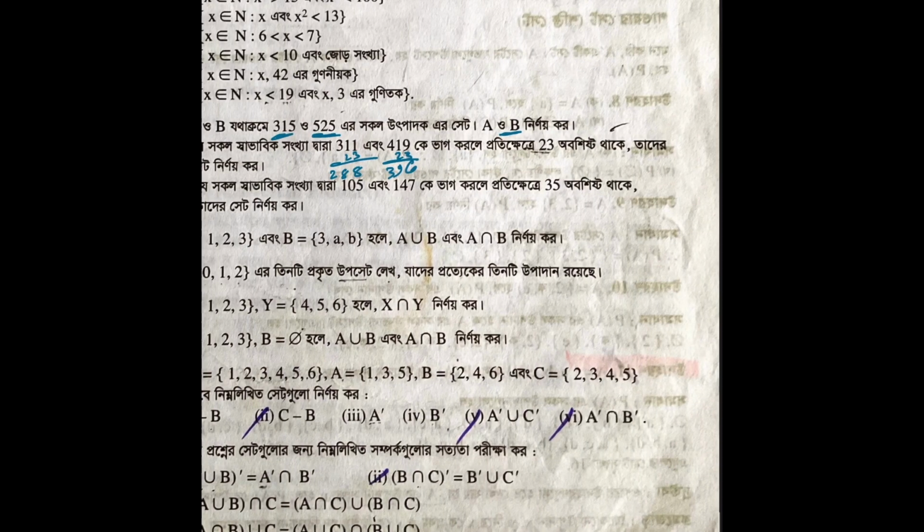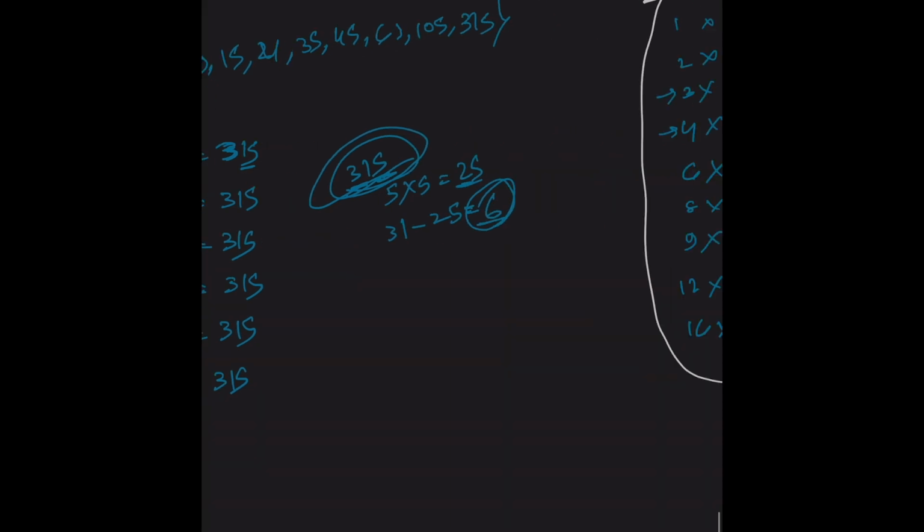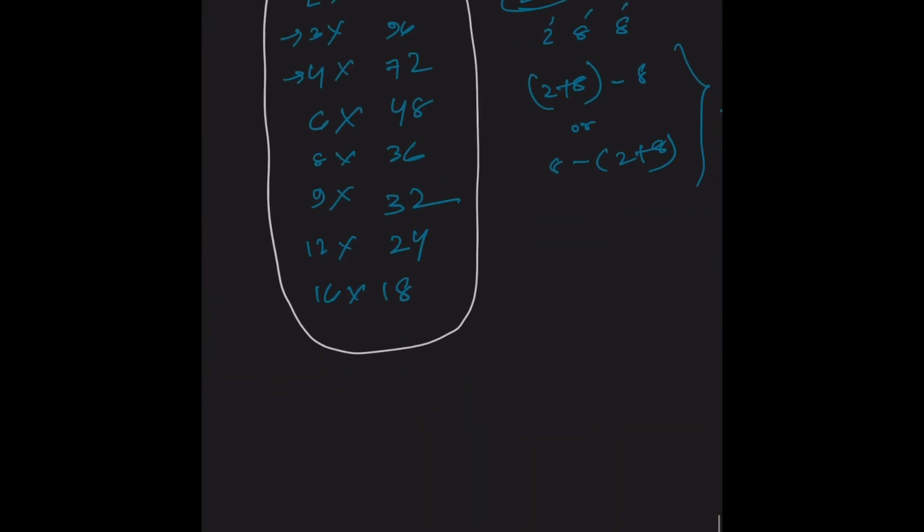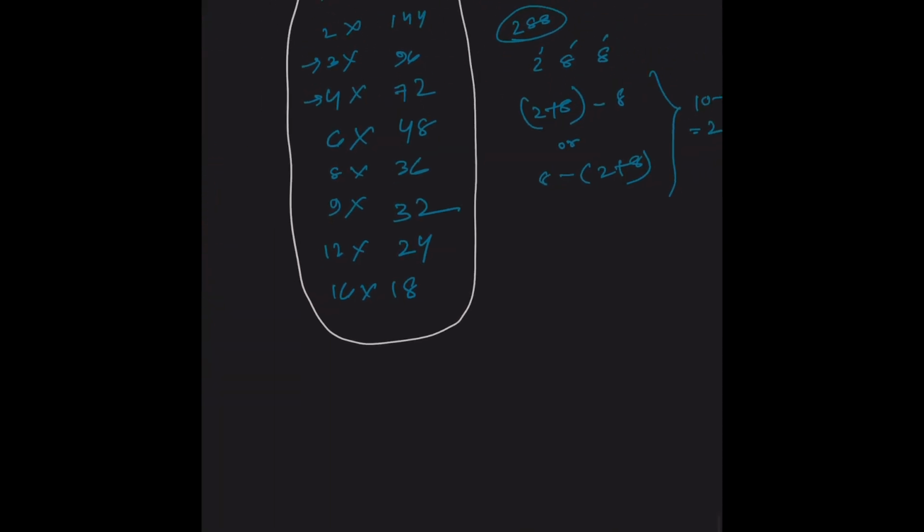Now, for the other number, which was 396. We'll have 1 into 396, 2 into 198, and adding the digits, we'll get 18.